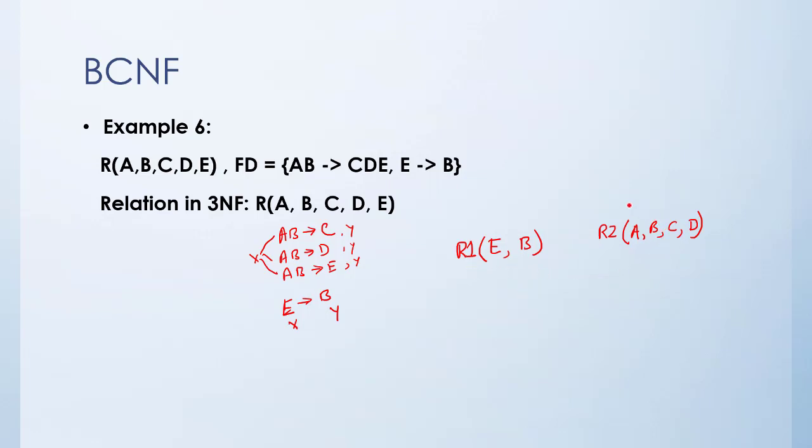So E will be my primary key in R1, and in R2, AB will be my primary key. So these are in BCNF.